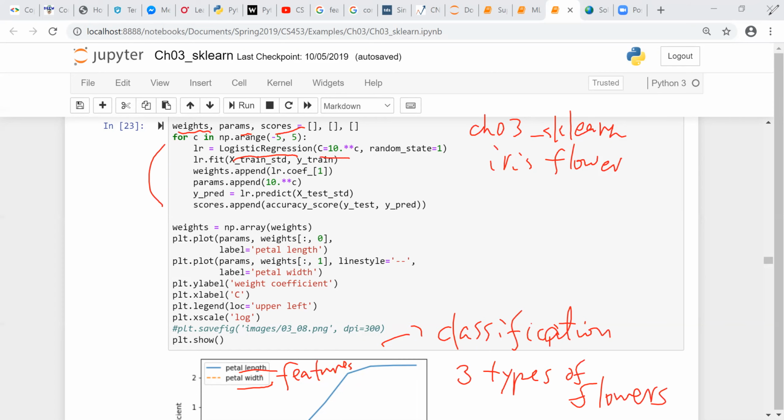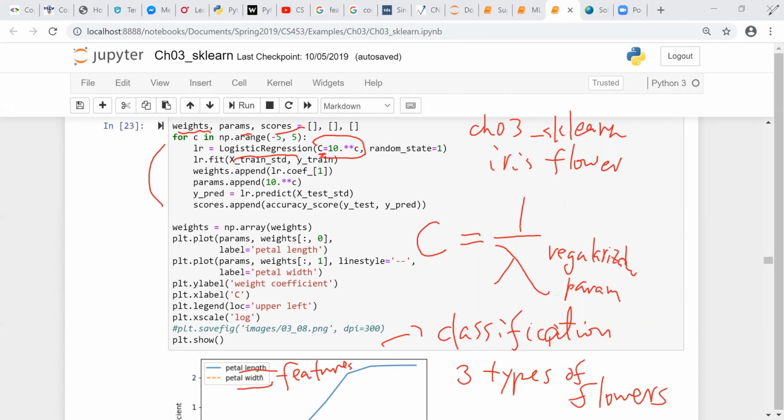This time you see we also provide this parameter C. What is that C? C is the inverse of lambda. Lambda is the regularization parameter. But be careful over here, we use the inverse of it.